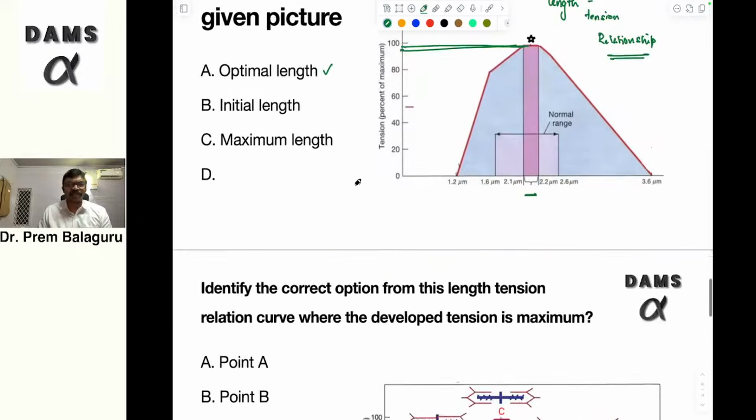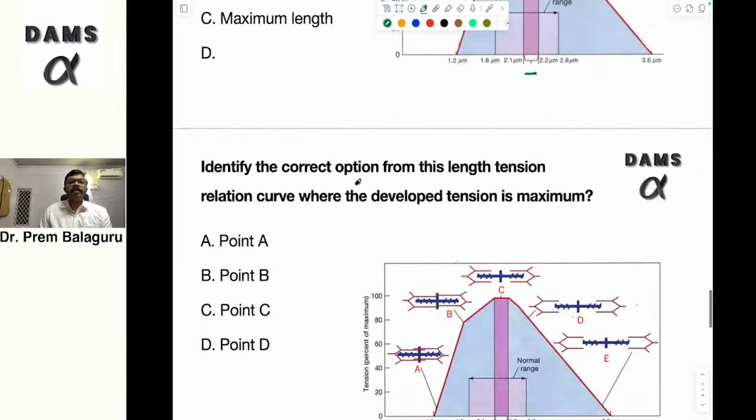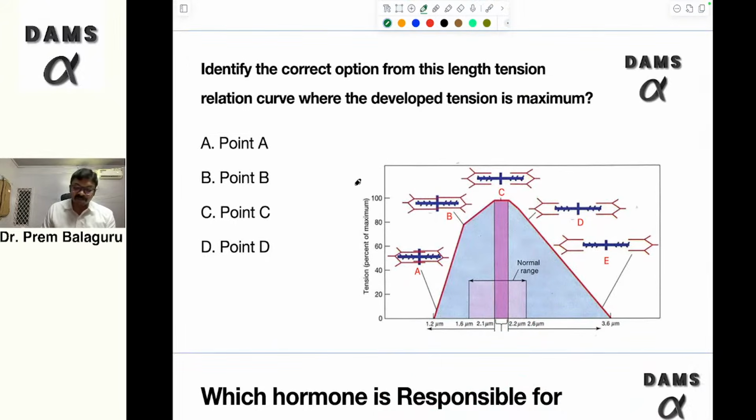That's one set of questions. The next one: identify the correct option from this length tension relation curve where the developed tension is maximum. Again, it's going to be point C here. At point C, you're going to see a perfect overlap of thick filament and thin filament.